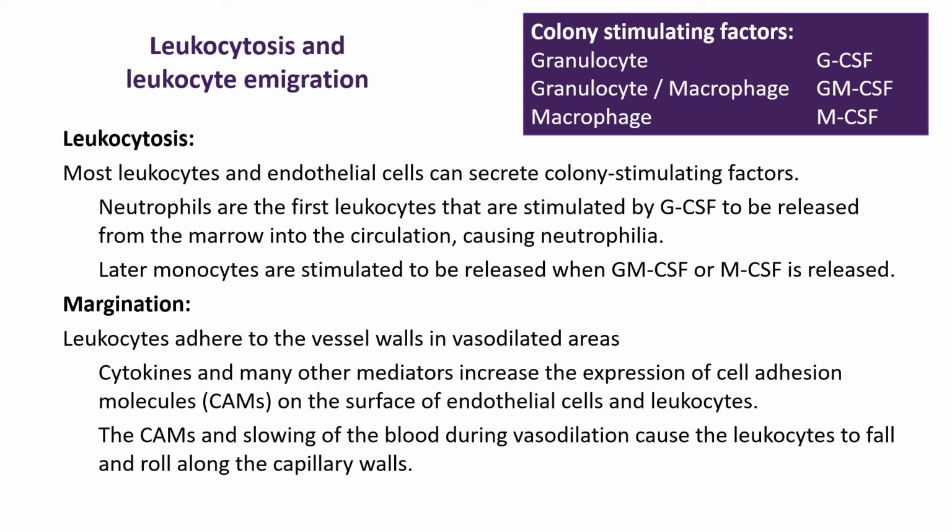Now imagine this is like Velcro and you've got something moving at relatively high speed. Initially, it's going to pull away from those hooks and it's going to keep on rolling and rolling until it loses impetus. And those hooks finally make the leukocyte stick to the endothelial cells of the vessel wall.